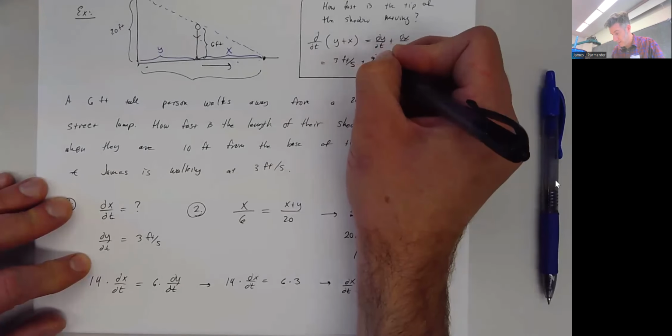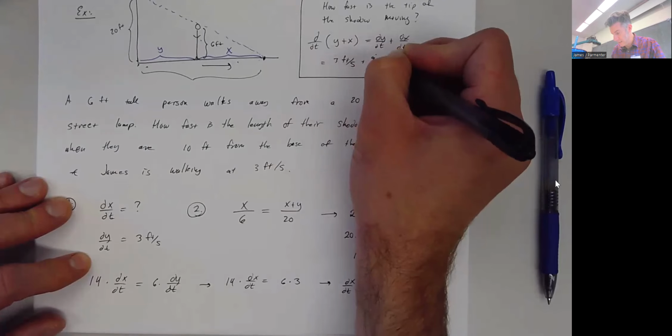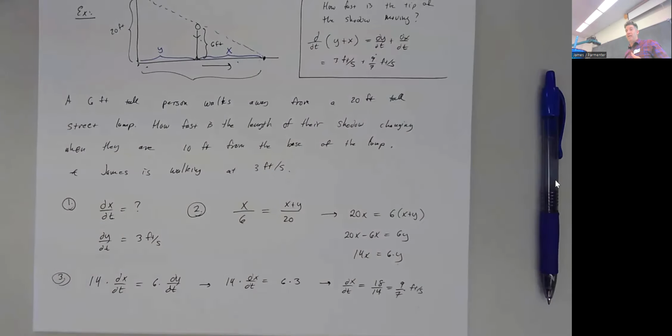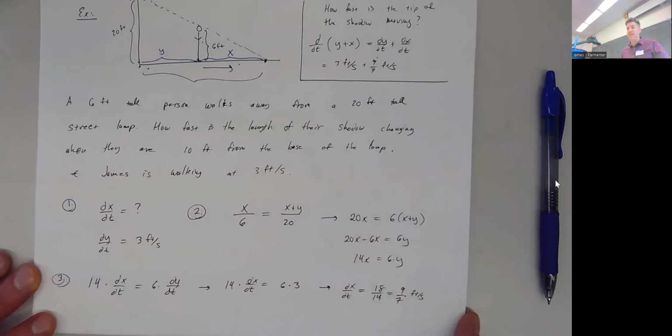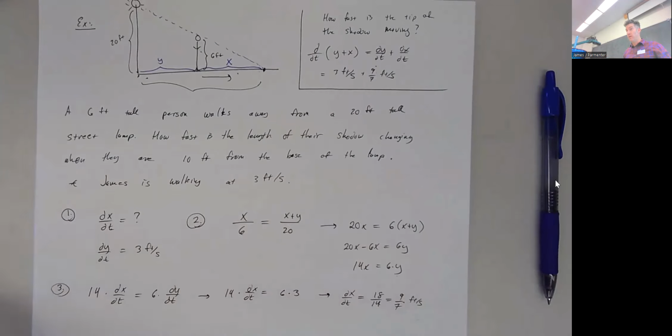So it literally is as easy as answering the question I like to ask and then adding on how fast the person is walking. So if you ever see a question like this where they say, how fast is the tip of the shadow moving? I would still encourage you all to first answer the question, how fast is the length of the shadow increasing? And then add on how fast the person is walking, because it's just easier.